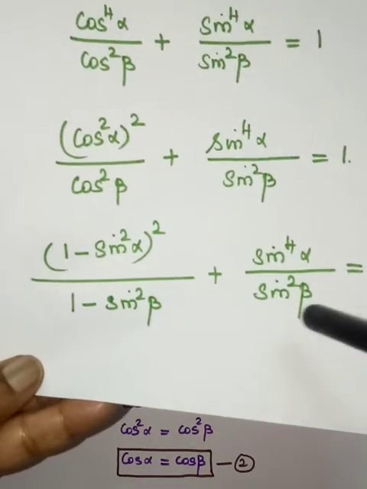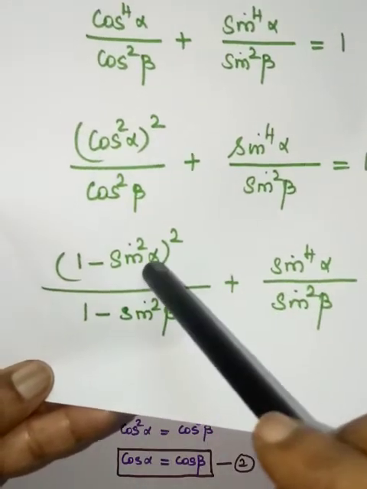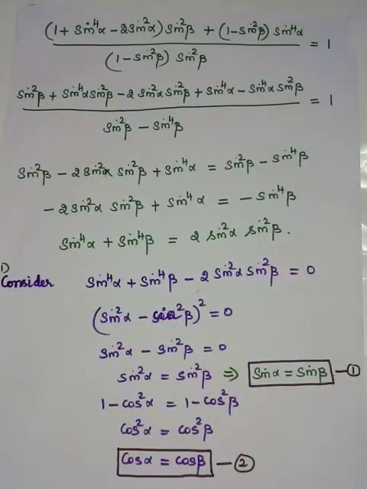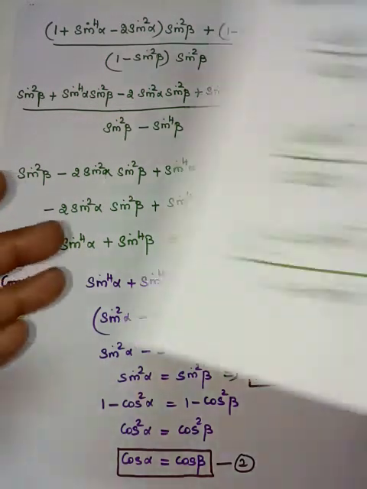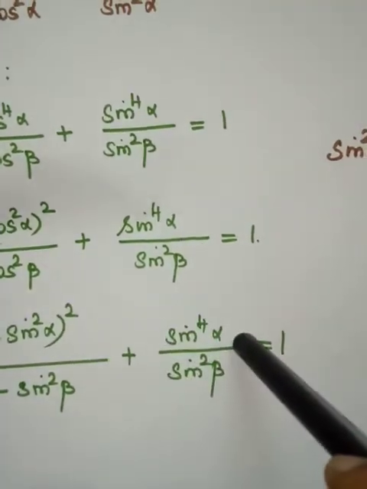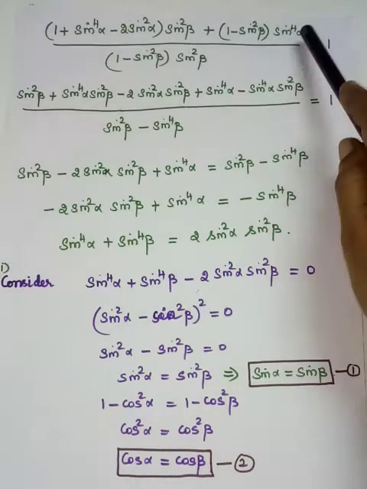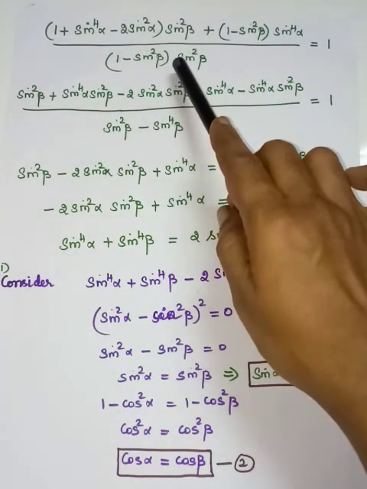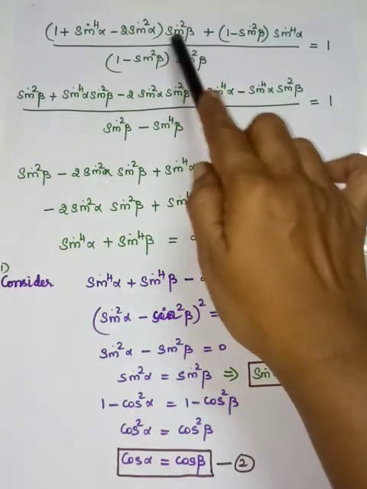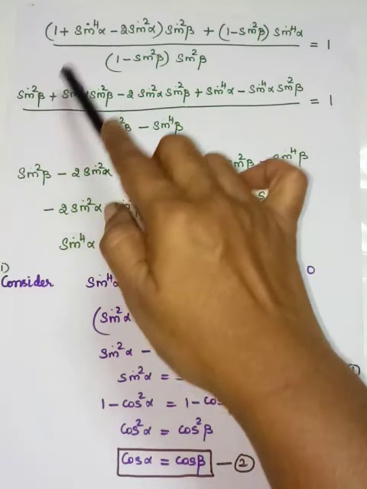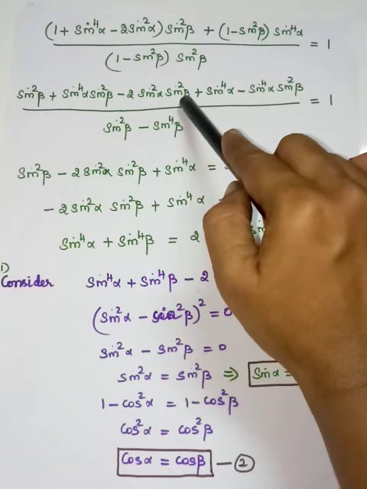Here you have to take the LCM. What is the LCM? (1 minus sin squared beta) into sin squared beta. So this has to be multiplied with this term, that's why I have written into sin squared beta. Plus, from the previous step, sin power 4 alpha into (1 minus sin squared beta) has to be multiplied with that. So I have written here divided by (1 minus sin squared beta) into sin squared beta, that is equal to 1. If you expand, 1 into sin squared beta is sin squared beta, plus sin power 4 alpha into sin squared beta, minus 2 sin squared alpha into sin squared beta.